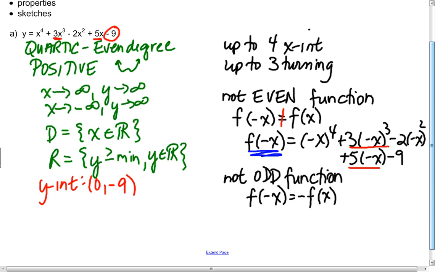Well, no, this one will still be x to the 4th. When I tidy that up, the sign will change on the second one, stay the same for the third one, change on that one, and stay the same for the last. So it is not an odd function because it is not true that if you put in a negative x for every x, you will get a negative of your original function.